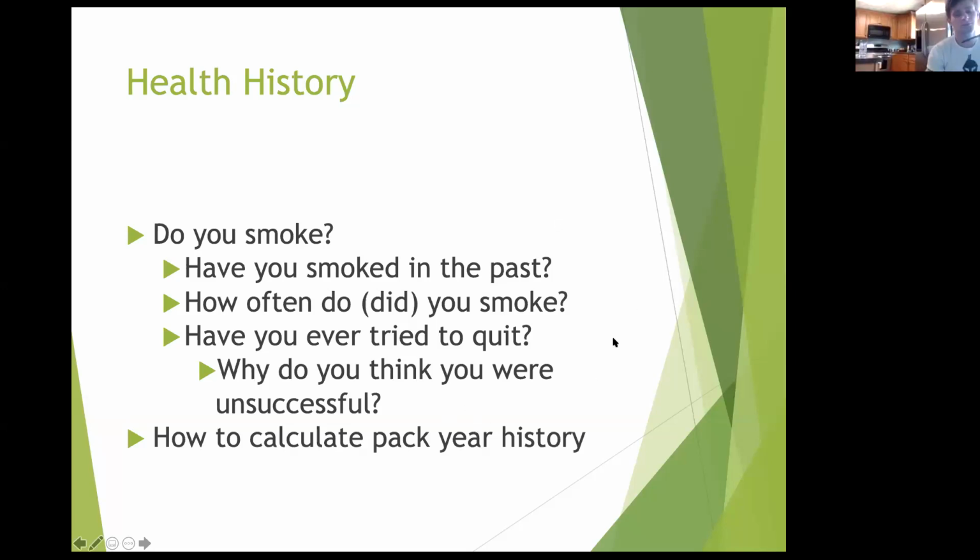What do you do for people who smoke cigars, or chew? For smoking cigars, you would probably just spell that out and say that they smoke 1 or 2 cigars a day and have done that for however many years, because typically cigar smoking is not as prevalent, so we don't see that as much.